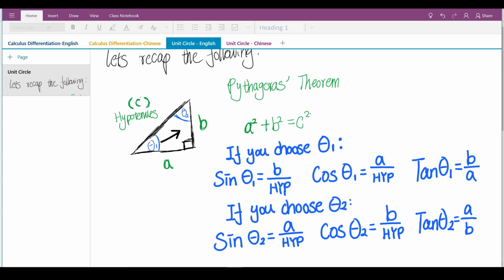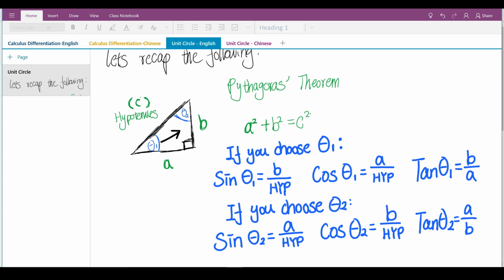Cos theta 2 is equal to B over hypotenuse, simply because the relationship between side B and theta 2 is an adjacent relationship, meaning side B is adjacent to theta 2.